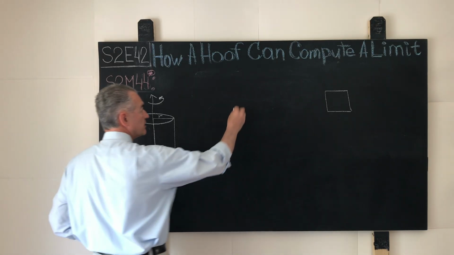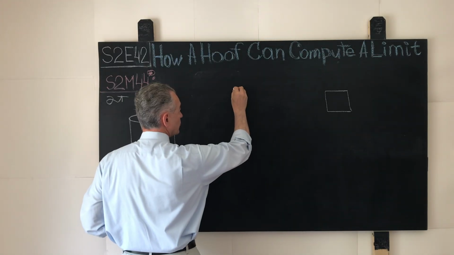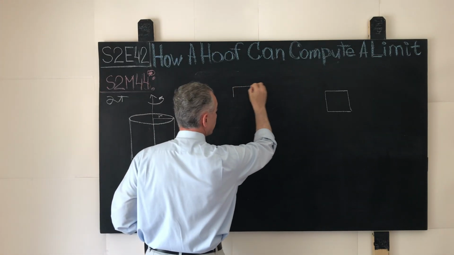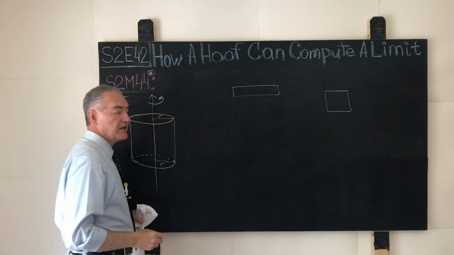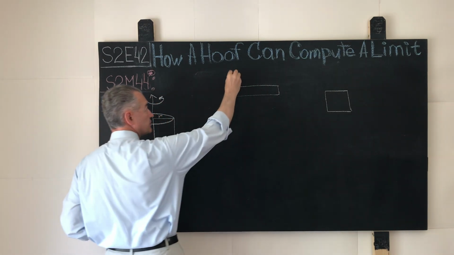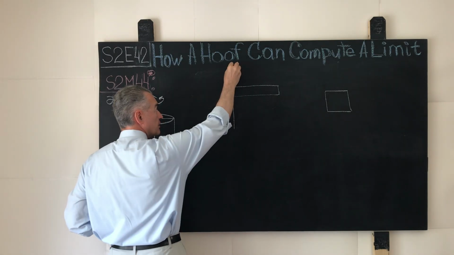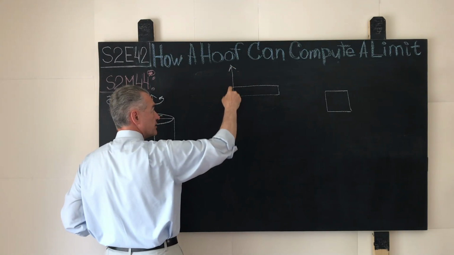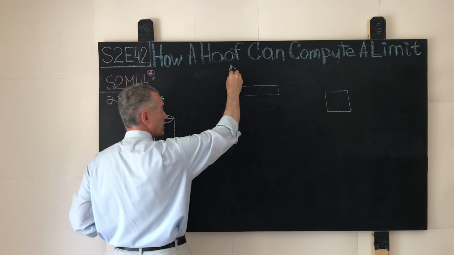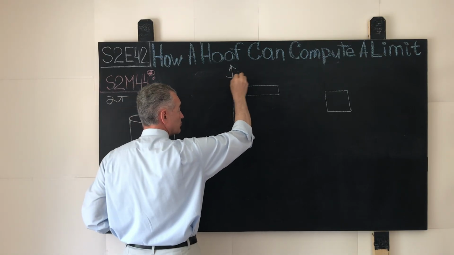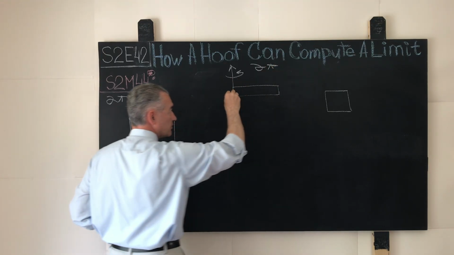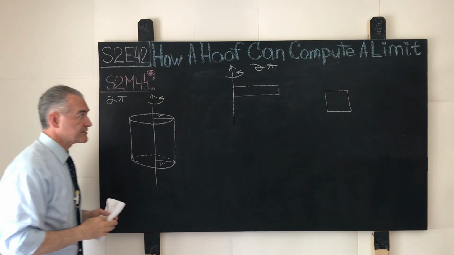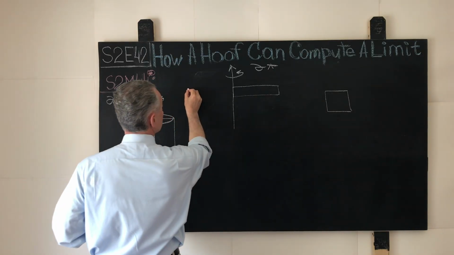If we take a rectangle that is not a square and flip it that way, we can rotate that rectangle about any one of its shorter sides, for example, this one right here. Then in this case, the straight line that contains that shorter side, rotated this way, again by 2π radians, becomes the axis of rotation and axis of symmetry of the resultant cylinder.